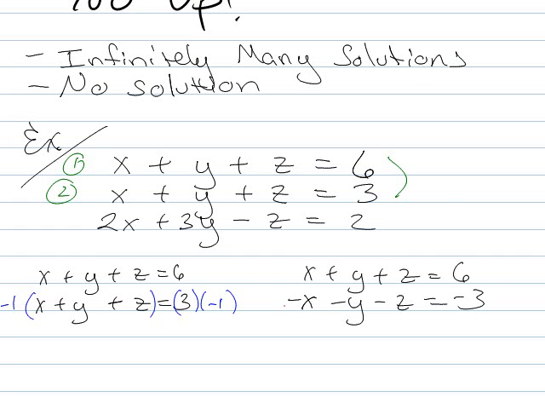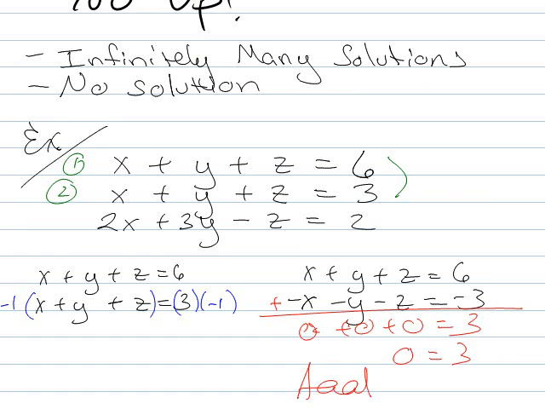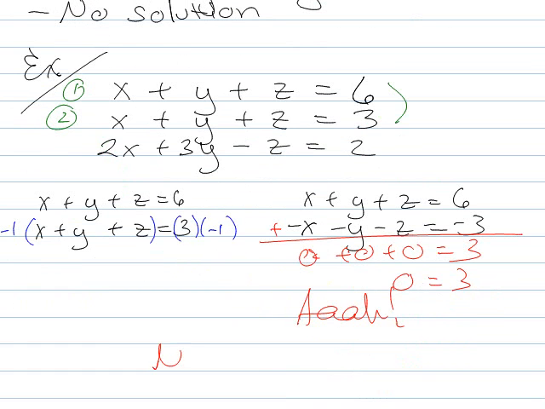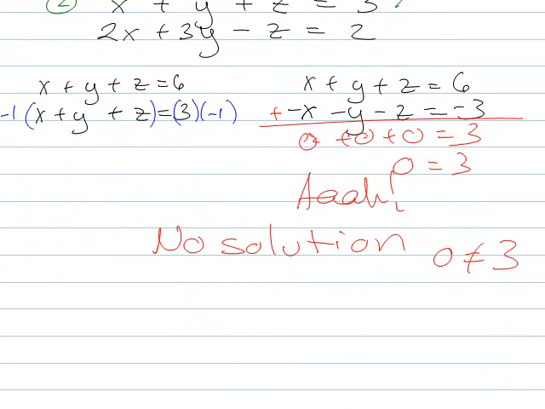Well, I'm going to add it down and something 0 plus 0 plus 0 equals 3. 0 equals 3. And that's a lie. So that means there's no solution, because 0 cannot equal 3. So the same kinds of things that you're going to see in 2 equations and 2 unknowns, you would see in this kind of example as well.